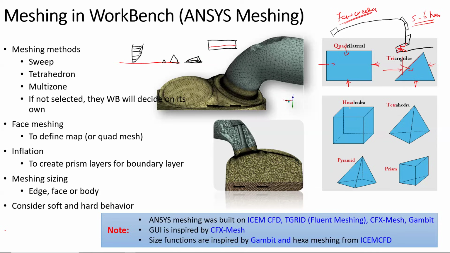Then we should go for hexa meshing, but hexa meshing has difficulties in creating good quality meshes for complicated geometries. The solution that people are using right now is to put triangles in the rest of the domain, but in the boundary layer, they put prisms. Why?